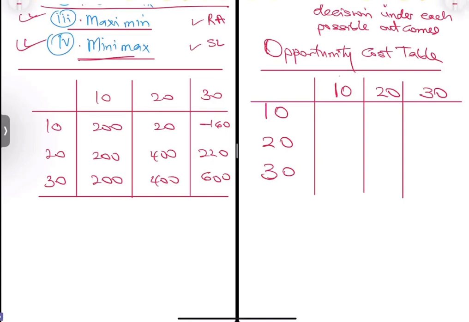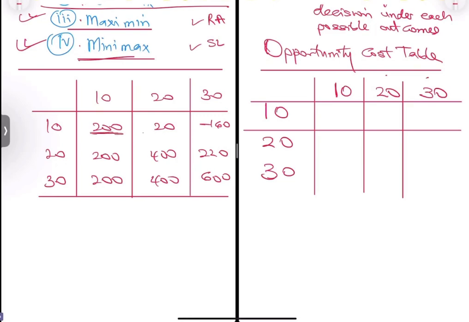Now, let's look at the first one, decision 1, which is buy 10. If we buy 10 and the demand in the market is 10, are we losing out on buying 20 or on buying 30? Do we lose anything? Is there any regret? No, because the best outcome is actually with 10.